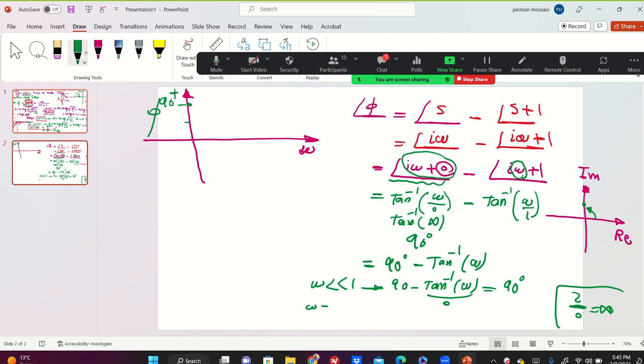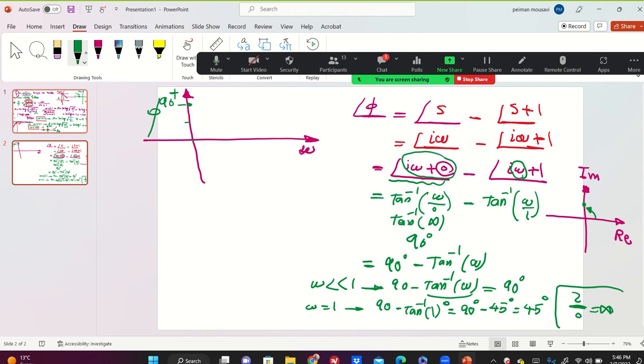At cutoff frequency, 90 minus tangent inverse of 1. Which angle's tangent gives you 1? These are high school, guys. 45, that's right. So it's going to be 45.